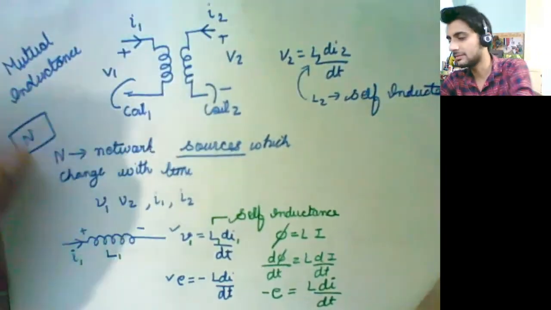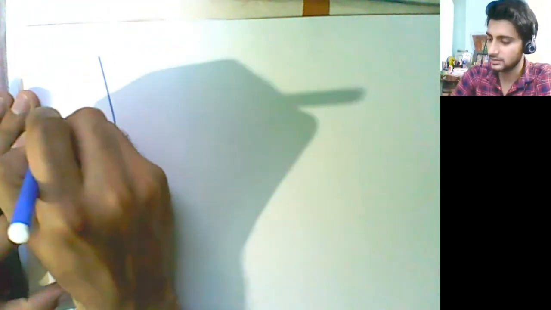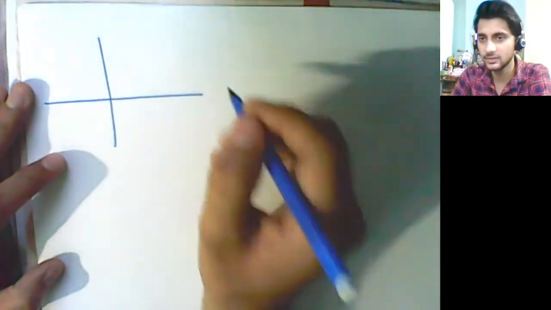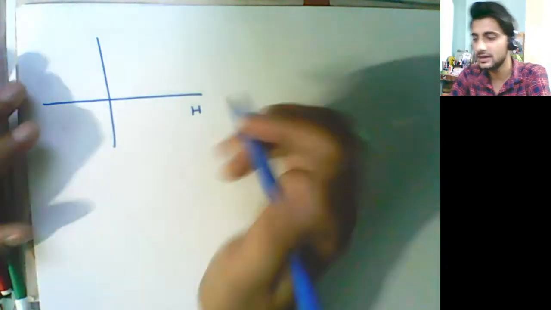So I hope you remember that particular case which we used to study in our 12th class, called the BH curve. Okay. So here you have H, which means the applied magnetic field, and here you have B, which is the induced magnetic field.